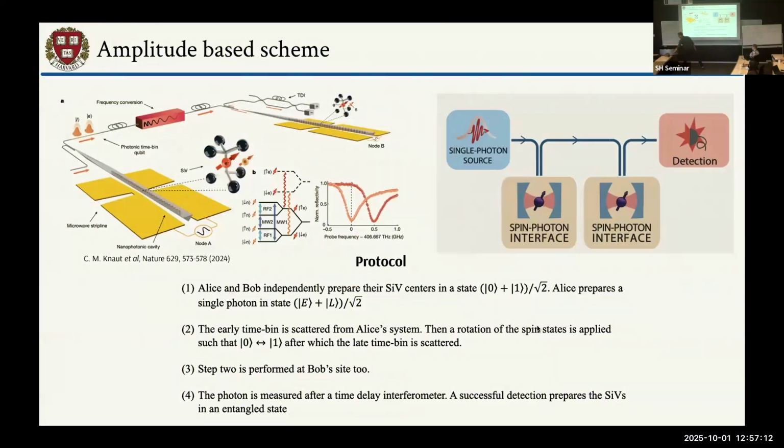All right. With that in mind, let's get to the protocol. And you don't need this. You just need to remember that you're now saying that you only have reflection if you're in the one state, and if you're in the zero state, you don't reflect. Right? That's what we're showing here.